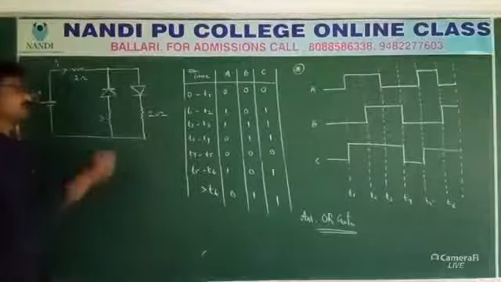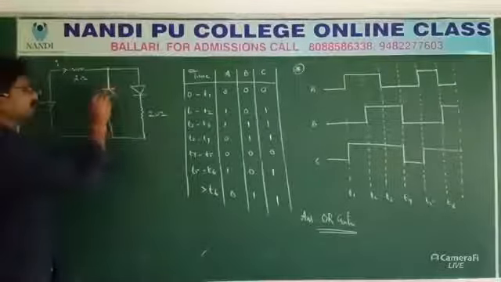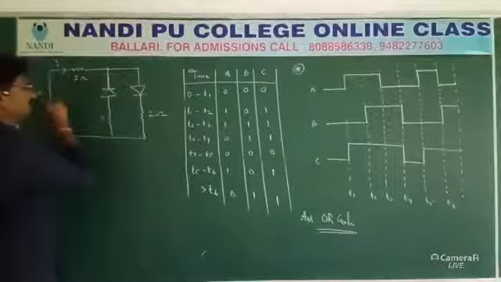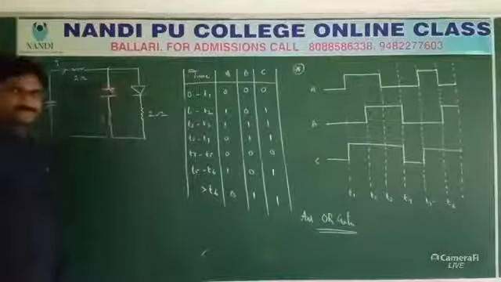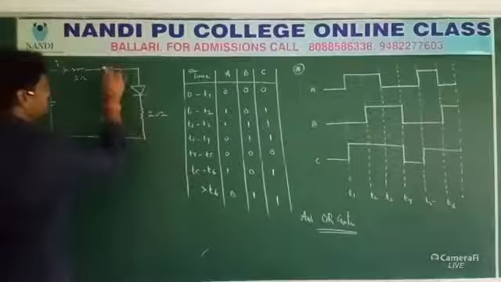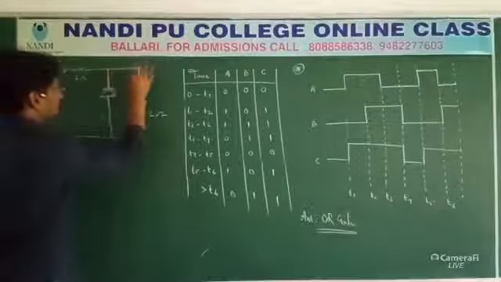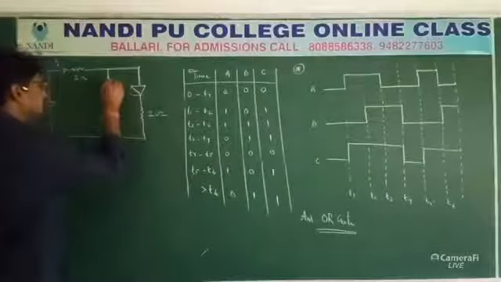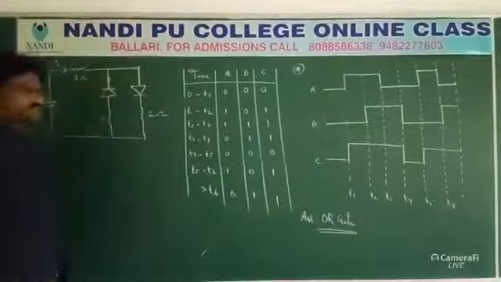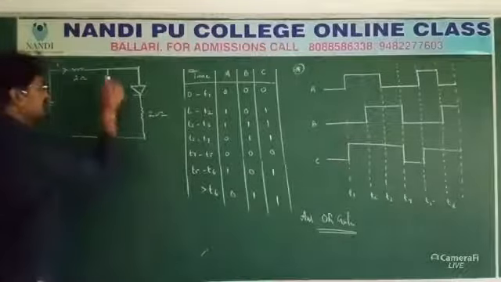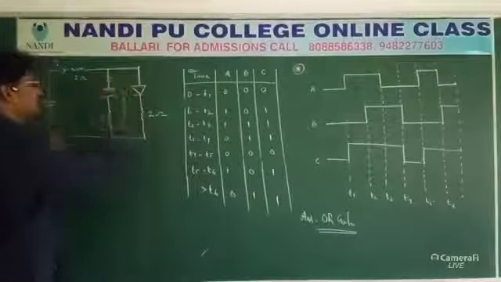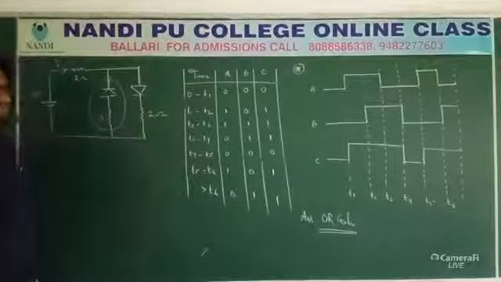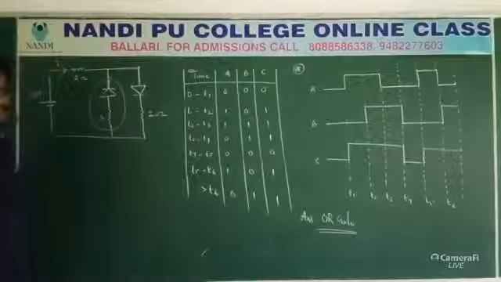Here it is the negative terminal and here the positive terminal, so what is this biasing? Reverse bias. So there is no flow of current through this diode, and this circuit element we can neglect.